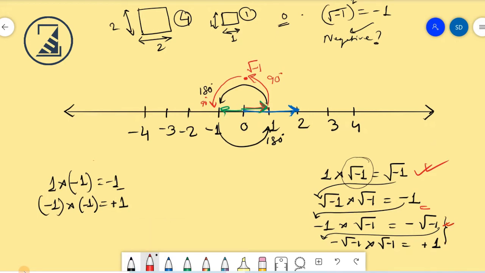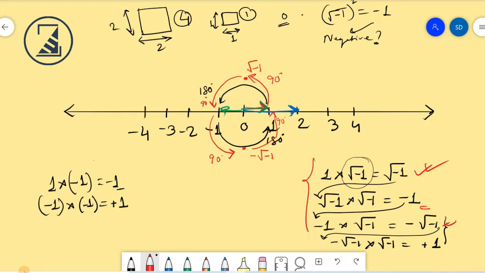And this step must rotate it through 90 degrees. So this is a 90 degree rotation. So I say my point minus of square root of minus 1 is here. And when I multiply it by square root of minus 1 again, it gives another 90 degree rotation and becomes plus 1.